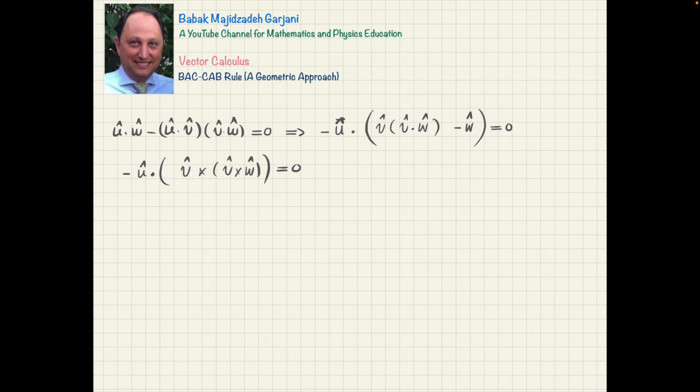Okay, but now I can use the cyclic property. Of course I can drop this minus sign here, because if this combination is 0, I can divide by a negative sign, and then I can get rid of this negative sign here as well. And then I can use the cyclic property of this triple product. I can bring v cross w out, dot u cross v equals 0.